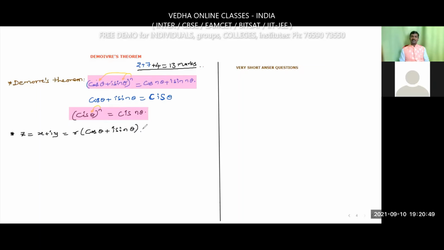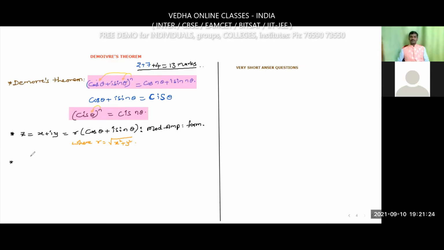This is called modulus amplitude form, or mod amp form. What is the R value here? R is equal to the square root of x square plus y square. This is the value of R.